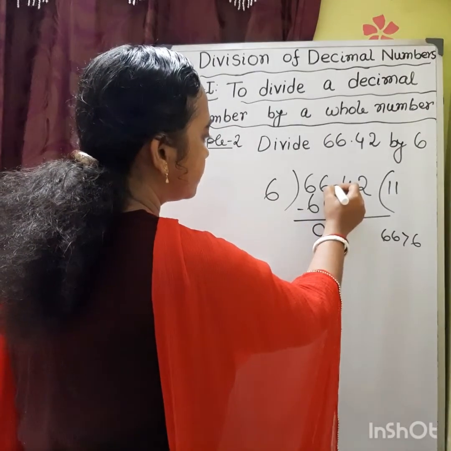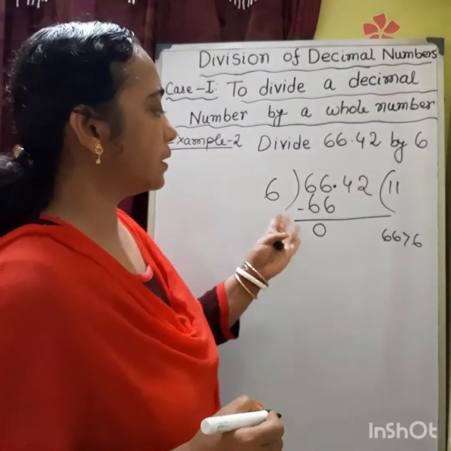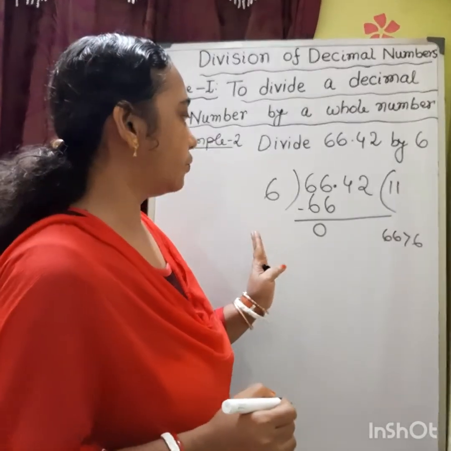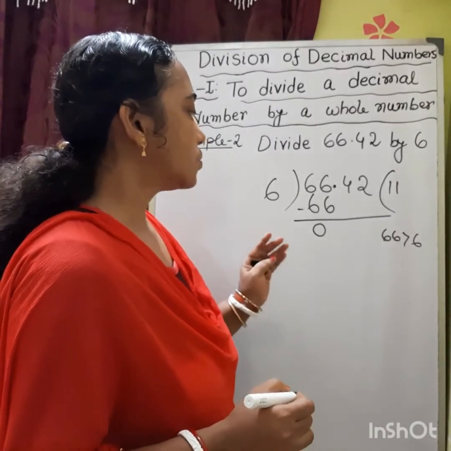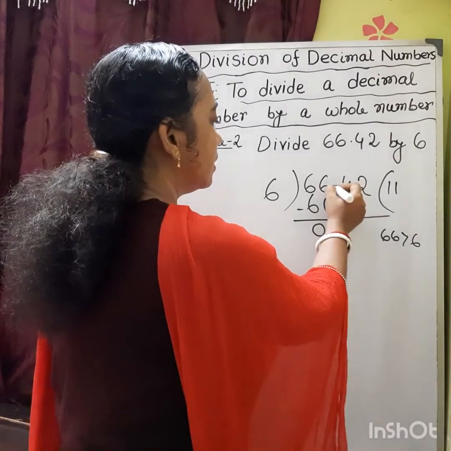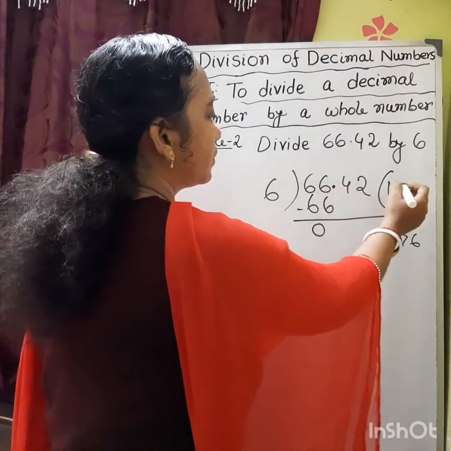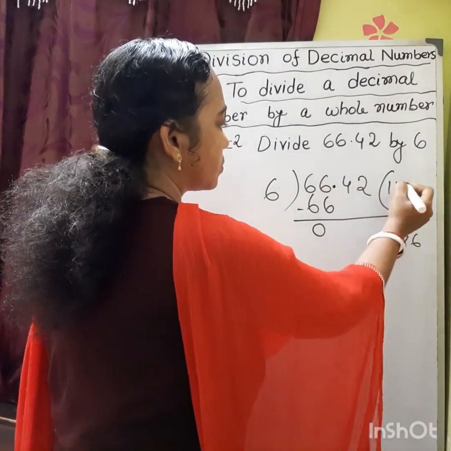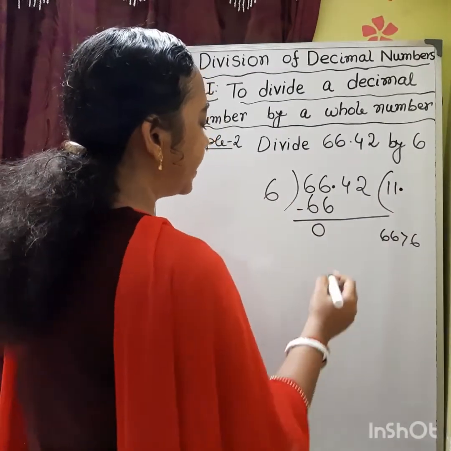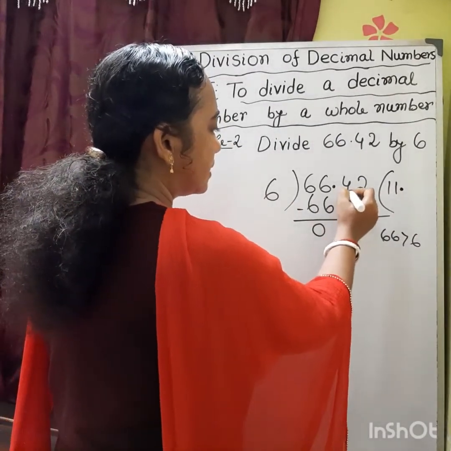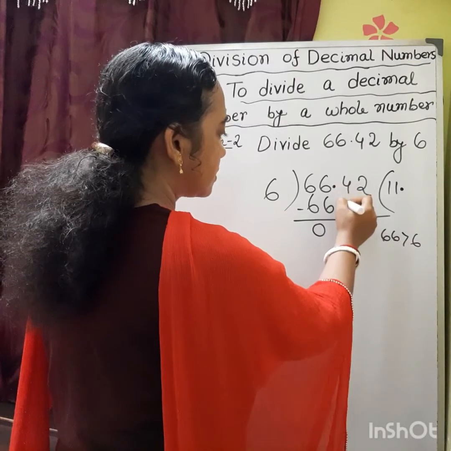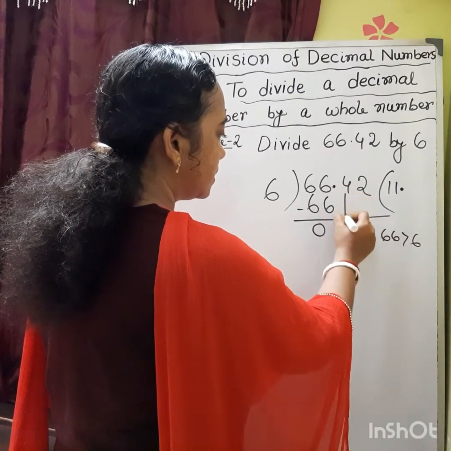After that, one decimal point is there. So the whole number part is completed here. Division of the whole number part is completed. Now there is one decimal point, so we put this same decimal point in the quotient also. Now we bring down the next digit in this decimal part, that is 4.